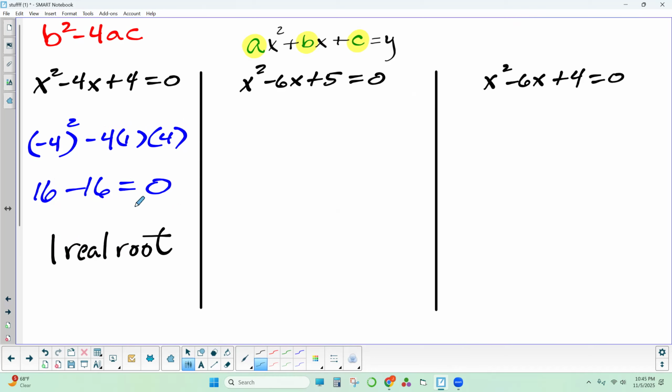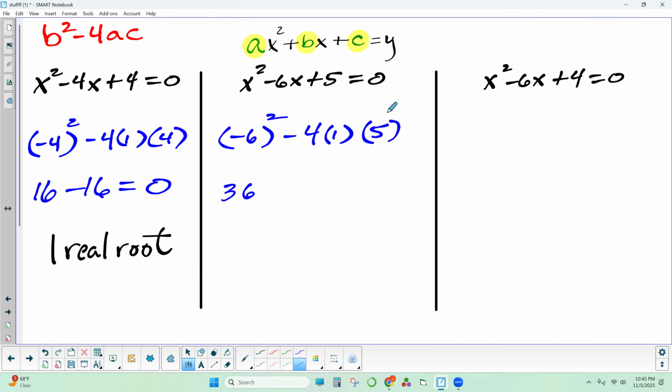Okay, let's look at the second one. We're in standard form. b is -6, so I'm going to square that. -4, a is 1, c is 5. Go ahead and square -6.